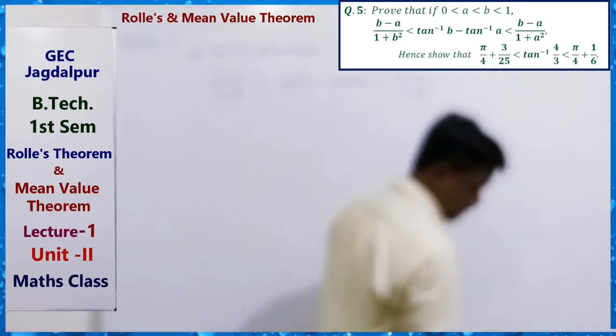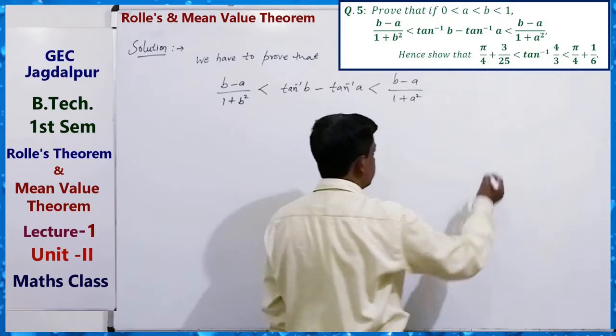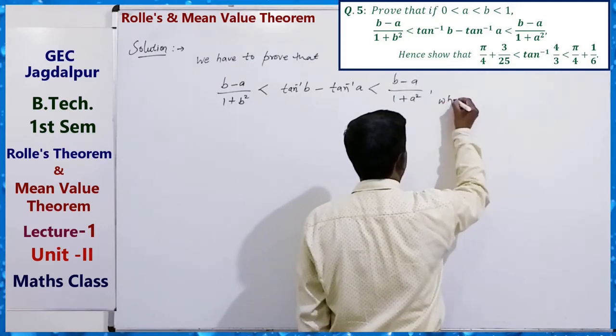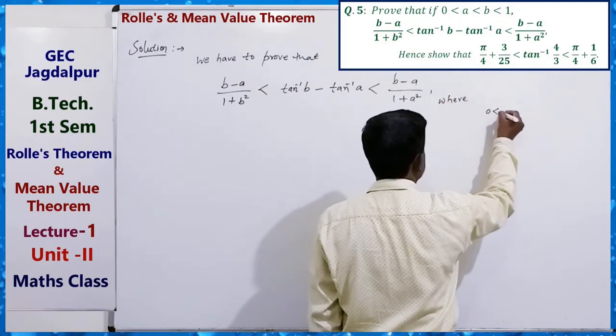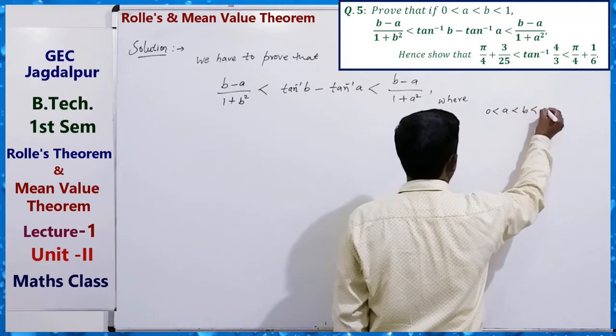Okay? Where 0 is less than a, less than b, less than 1.